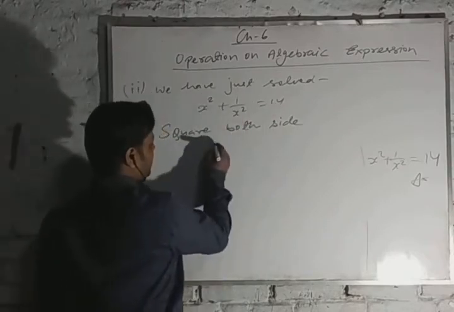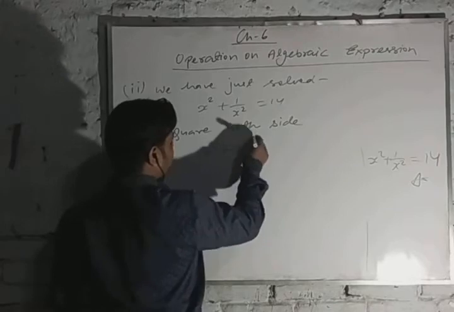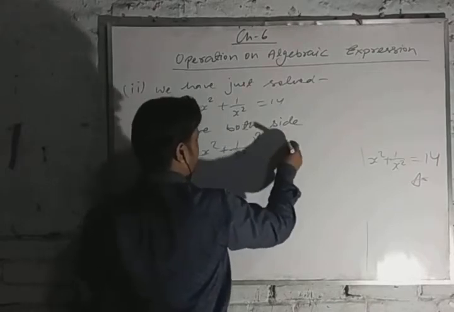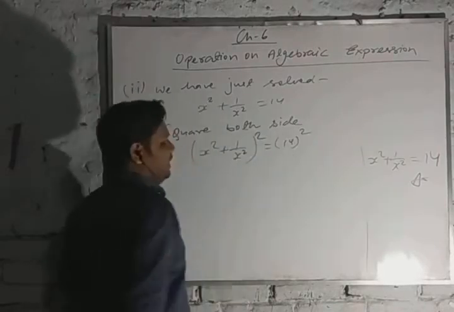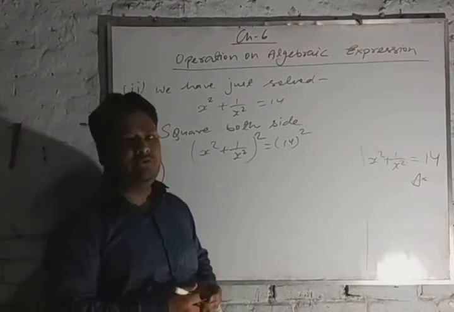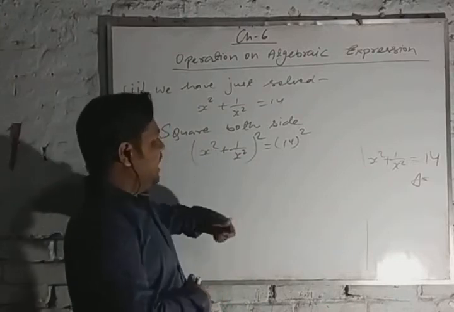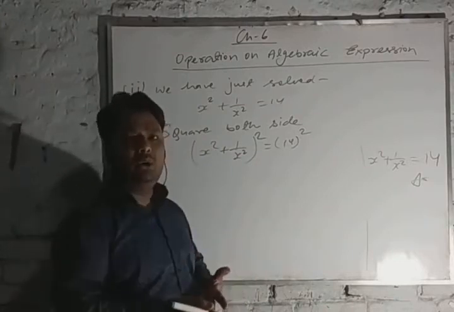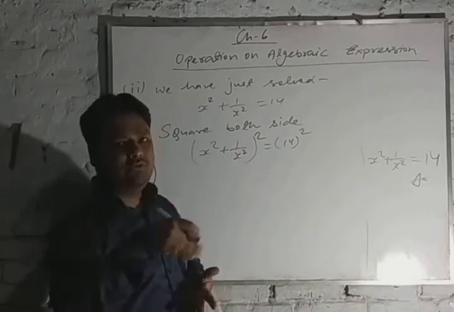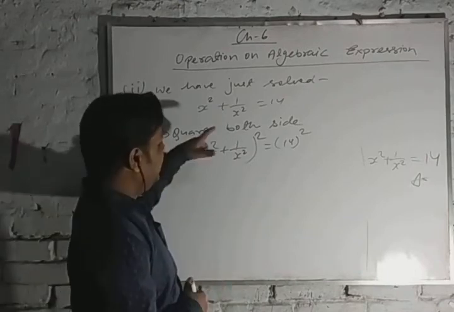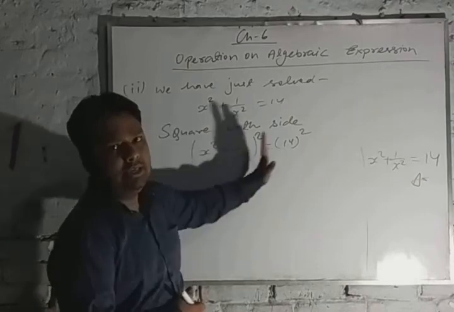That is x square plus 1 by x square the whole square and 14 the whole square. And as I say, if we are putting any formula or any value in mathematics, then we have to balance it, and that's why I have written both sides to balance this.